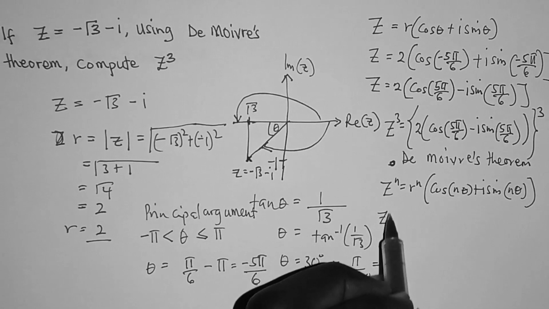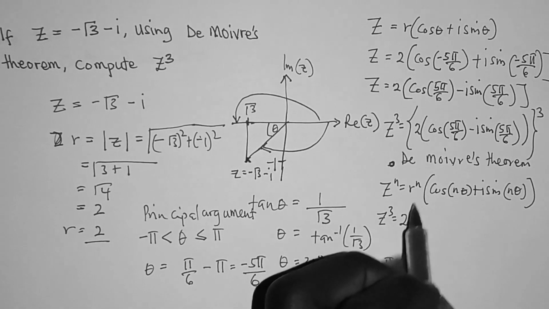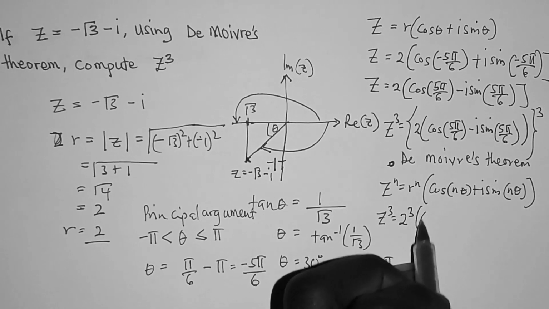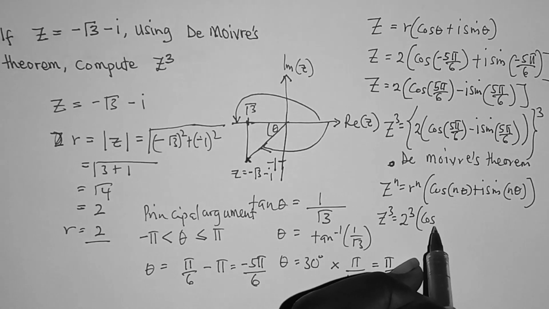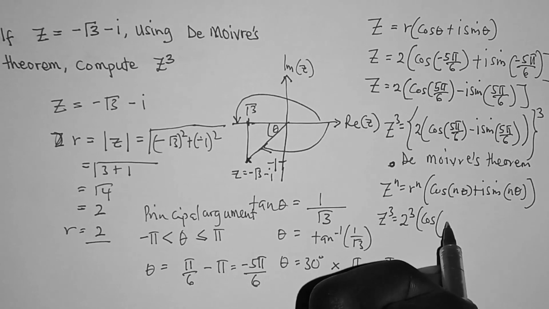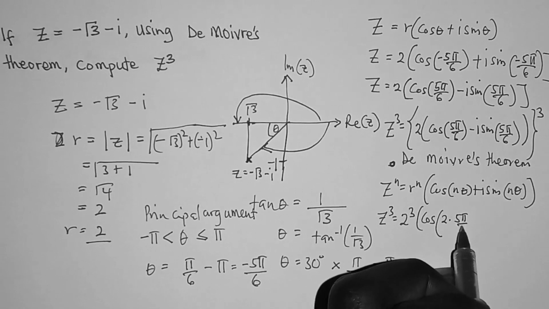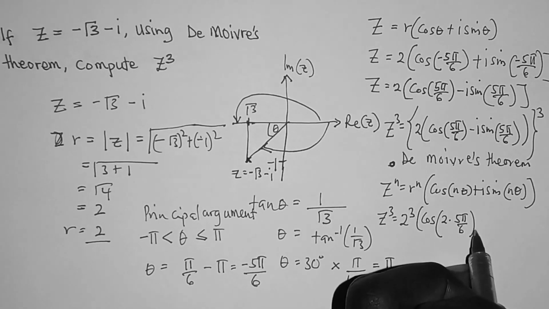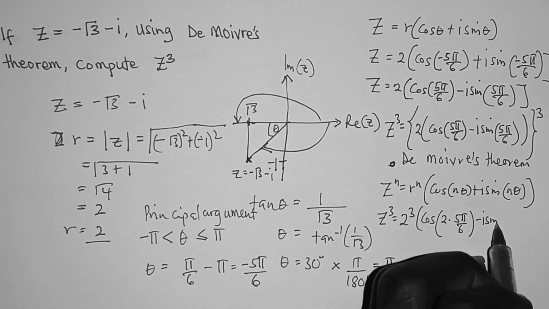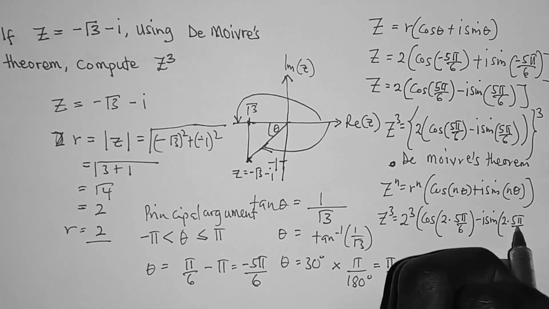So z cubed is equal to 2 to the 3 times (cos 2 times 5 pi over 6, then minus i sine of 2 times 5 pi over 6).